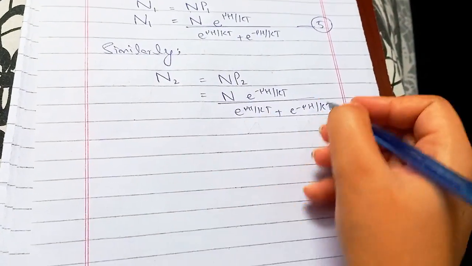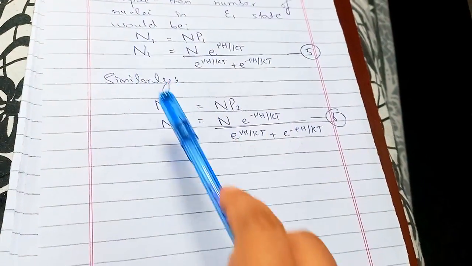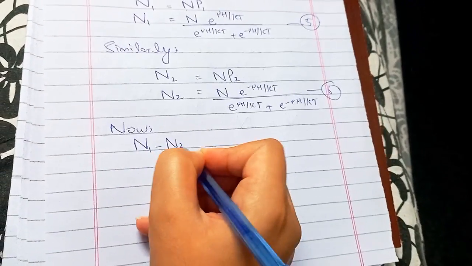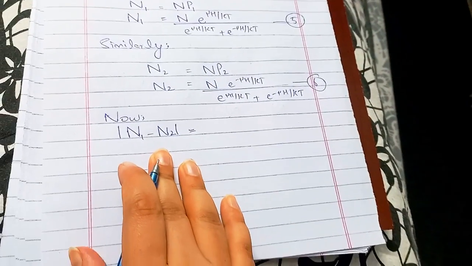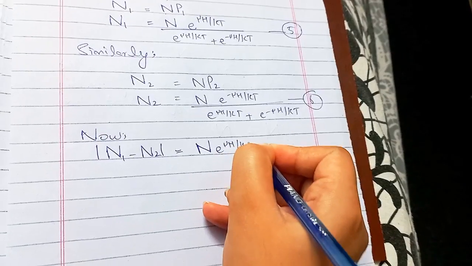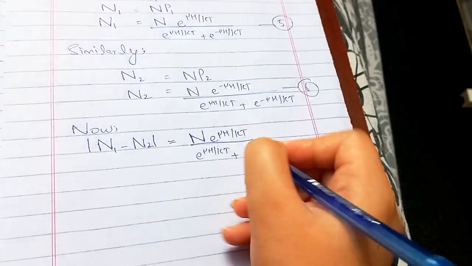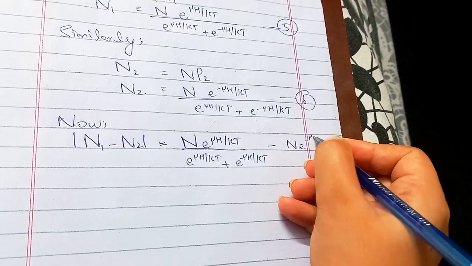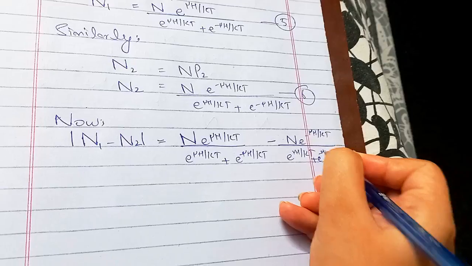Okay, and the power absorbed is proportional to the difference in the number of nuclei in these states. So we'll find out the difference now. |n1 minus n2|, mod, because the difference could be positive or negative, we are just interested in the positive value of the difference.